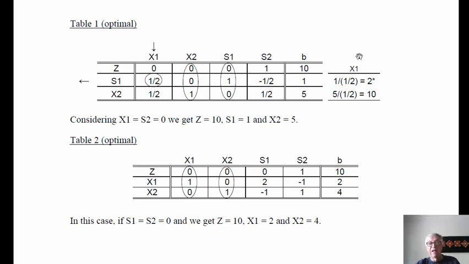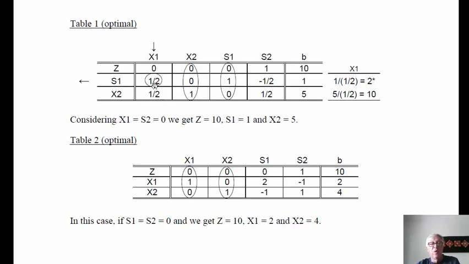Nevertheless, we have a 0 here, a coefficient of z equal to 0 in a variable that we intend to set equal to 0. So what we can conclude is that now, since the partial derivative is 0, we in fact can change this condition x1 equal to 0. We can increase it because since the partial derivative is 0, if we change x1, nothing will happen to z. So z will be maintained equal to 10.